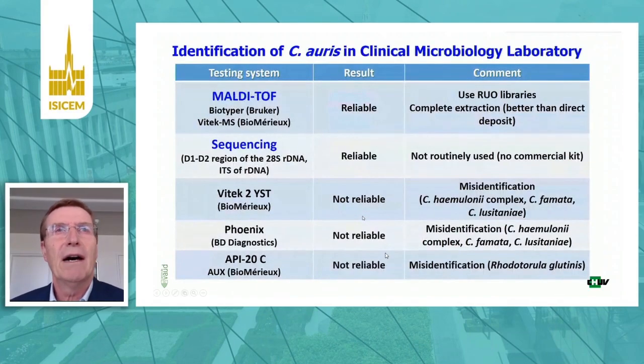What can you do to identify Candida auris in the clinical micro lab? Two things that you can do: use MALDI-TOF, which is a reliable technique, or use sequencing, which also identifies Candida auris nicely. But if you use other methods, like the 3 mentioned at the bottom part of the slide, it's not reliable because you may have misidentification as Candida haemulonii, Candida famata, or Candida lusitaniae.